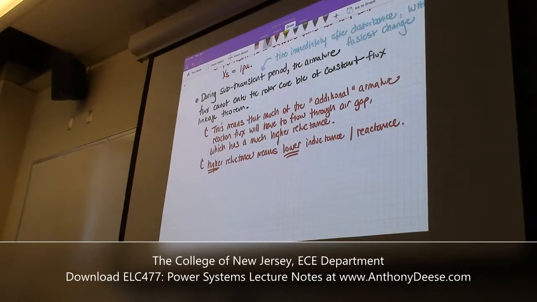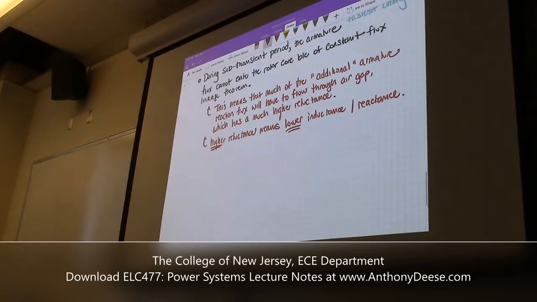And so we call this smaller value the subtransient reactance, and we'll use the variable Xs double prime.